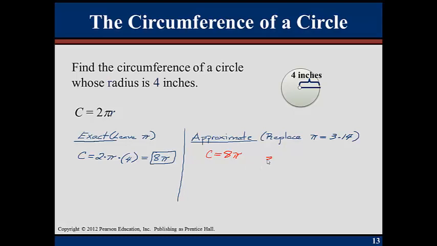Well, now we know pi is 3.14, so we're going to do 3.14 times 8. 4 times 8 is 32, carry the 3, leave 11, carry the 1, and it's 25. So remember there's 2 decimal places for the first factor, no decimal places for the 8. So in my answer I need to have 2 decimal places. So the answer is 25.12. So the exact answer is 8 pi. The approximate is 25.12.